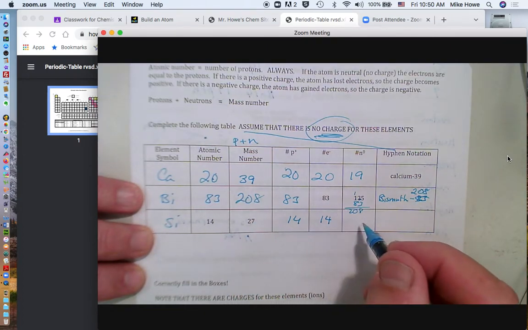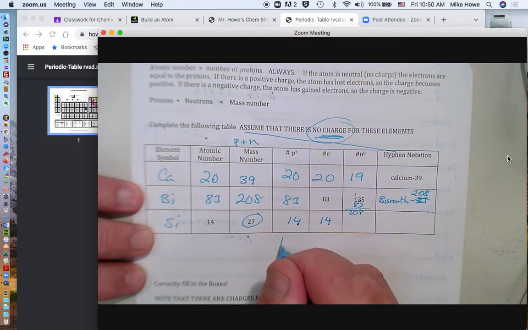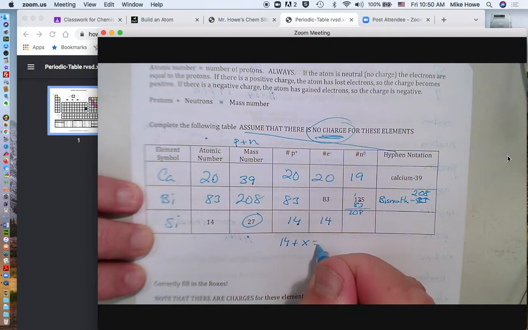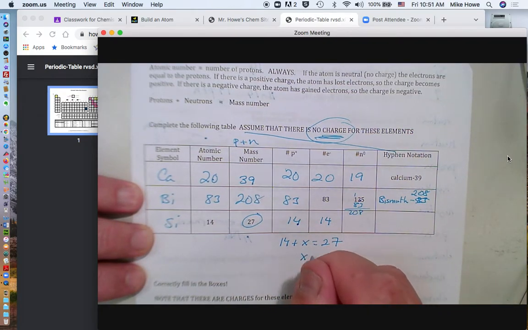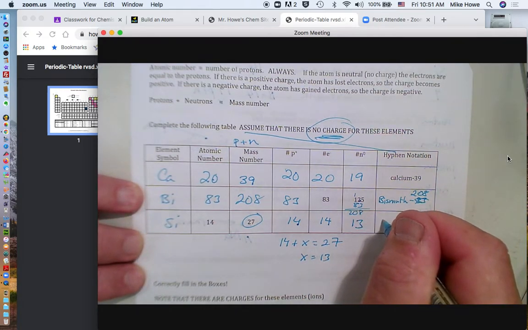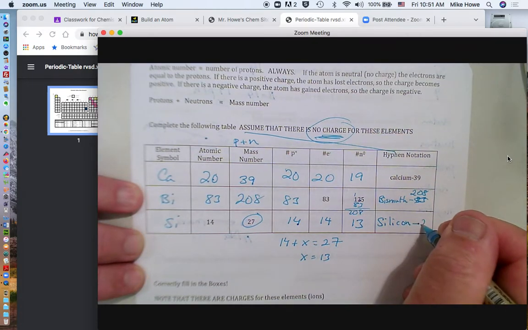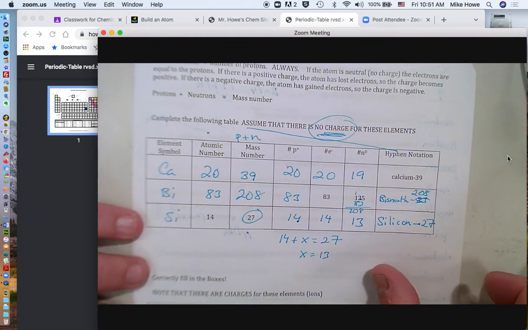We aren't told the neutrons, but we're told the mass number, so 14 plus something has to equal 27. That means the number of neutrons has to be 13. The hyphen notation would be silicon-27, so you write the mass down.